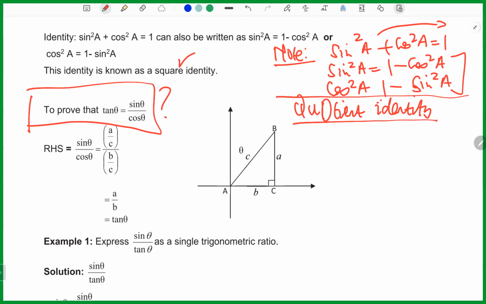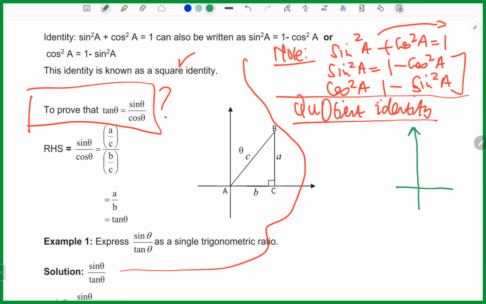To prove the quotient identity is very easy. First things first, every time you prove these identities, you must draw a diagram. Ideally, you put your triangle in the first quadrant, preferably, but otherwise the triangle can be put anywhere.